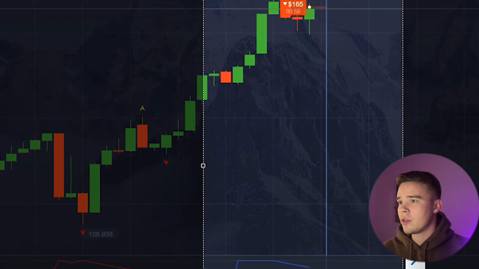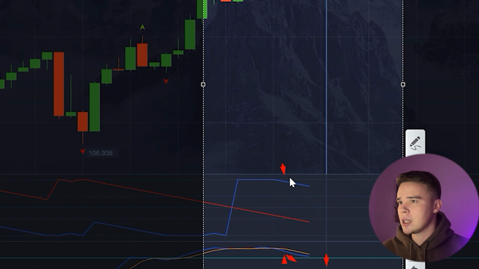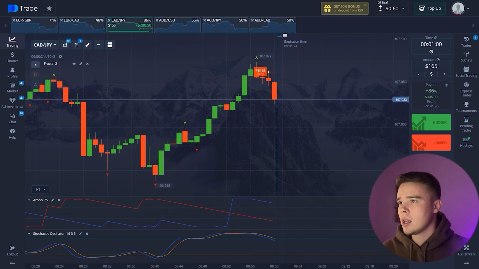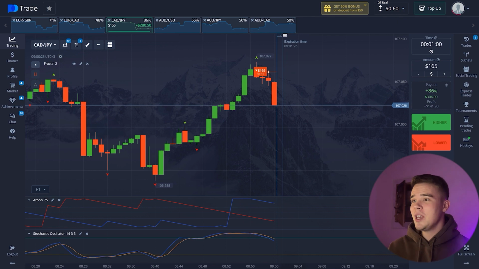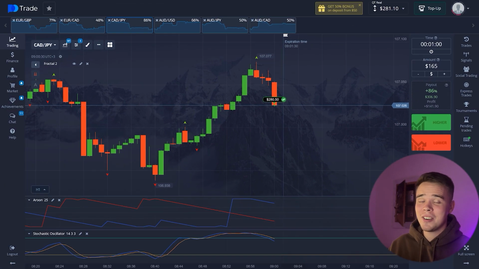And next, the fractal is above the candle, which means that price is declining from it. And there is also a slight decline in the Aroon blue line, which says it all. I see a big drop in price and yeah, I'm up 115.